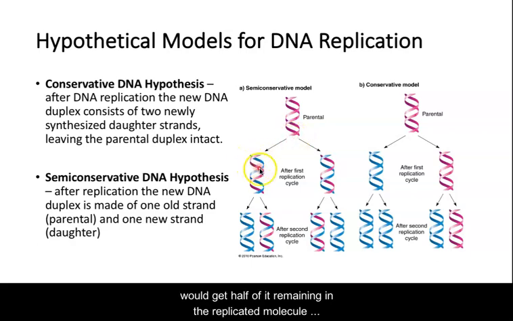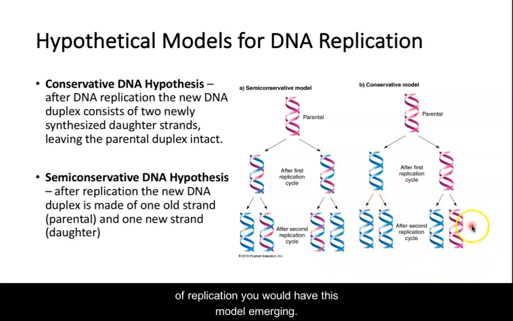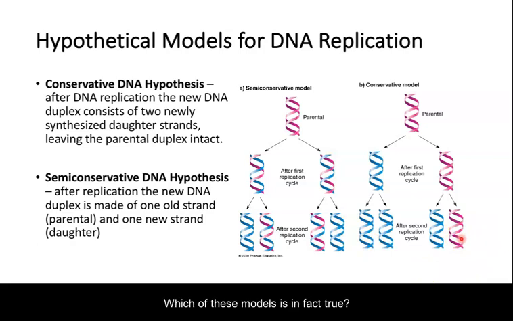You would get half of it remaining in the replicated molecule here and half of it remaining in the replicated molecule here. And of course, in the second round of replication, in the semi-conservative model, you would have this pattern emerging. And conversely, in the conservative model, after the second round of replication, you would have this model emerging. So the question became, which of these models is in fact true?